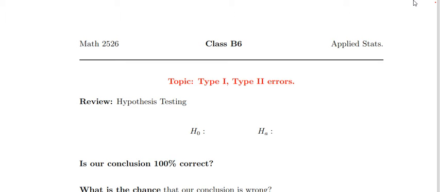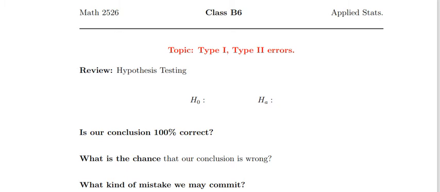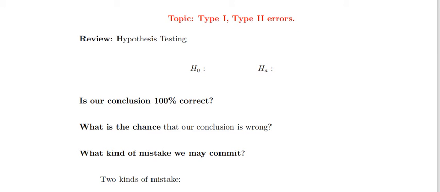To make our conclusion, we say in statistics nothing is 100% true or false, so our conclusion cannot be 100% correct. So we wanted to know what is the chance that our conclusion is wrong.